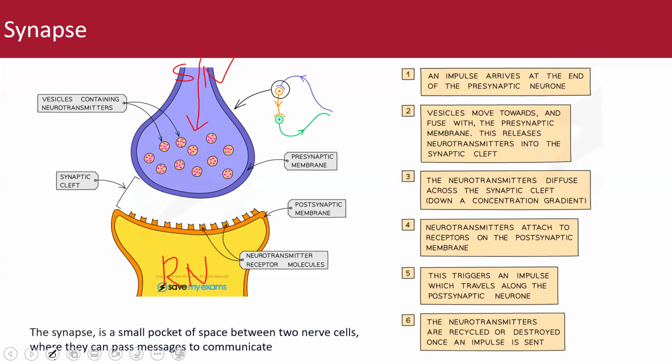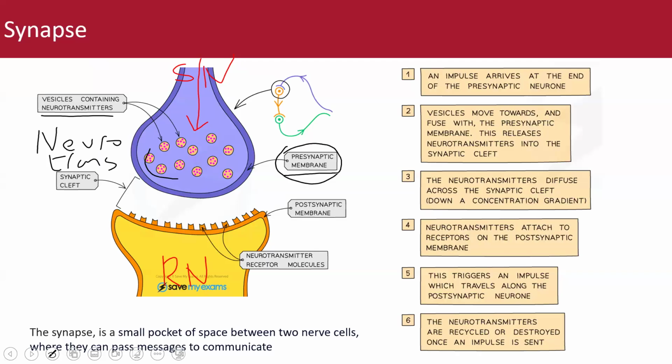A nerve impulse comes down the sensory neuron, and it stimulates the release of a neurotransmitter from the presynaptic membrane.